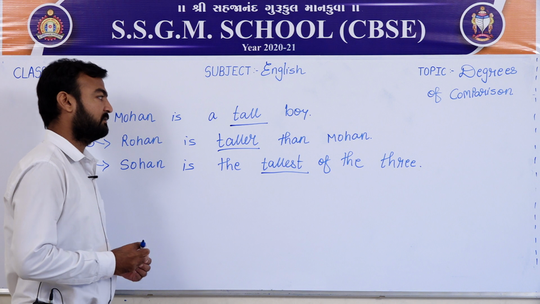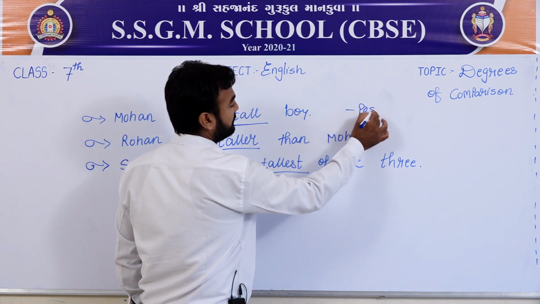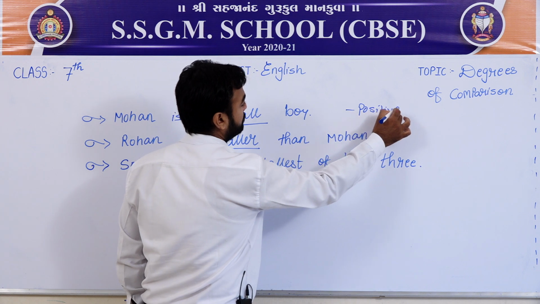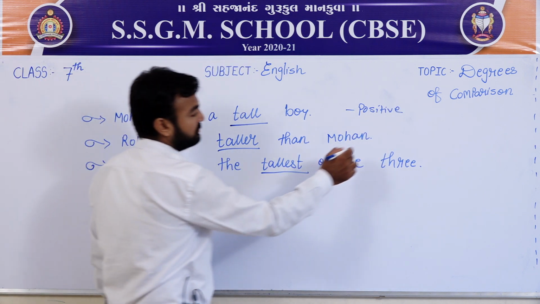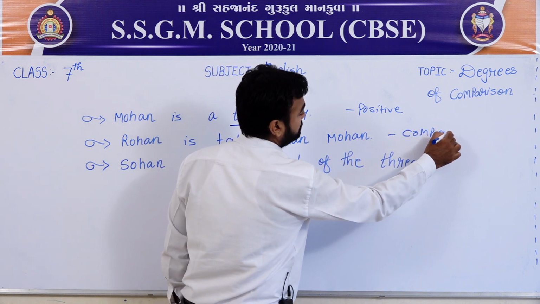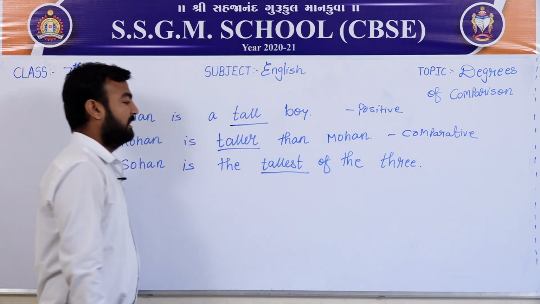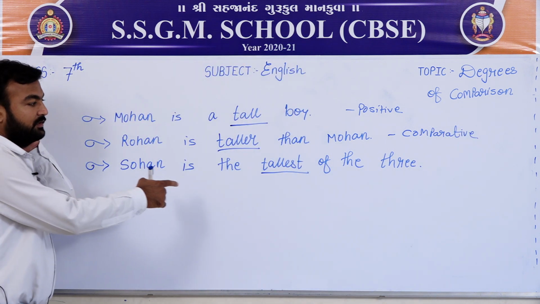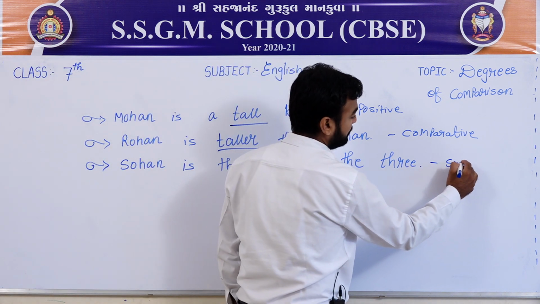Tall is known as positive degree, taller is known as comparative degree, and tallest is known as superlative degree.